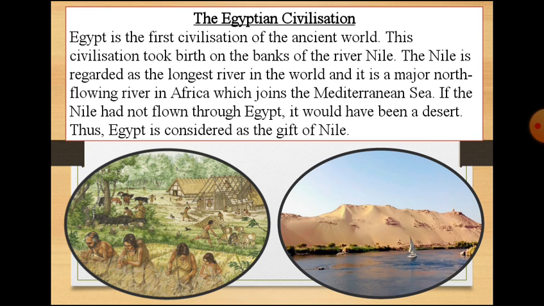Since a huge part of Egypt's territory is a desert, with some oases, the country depends on the Nile for its water supply. If river Nile had not flooded every year, the soil would not have been fertile because it is all desert, and there would not have been any plants, trees, crops, or cultivation, nothing.